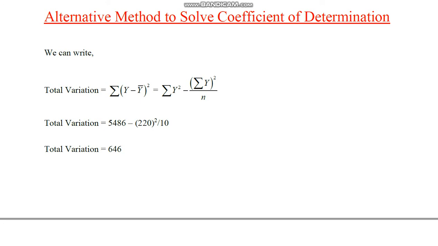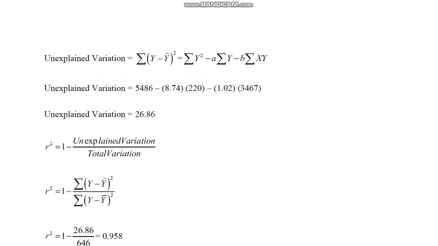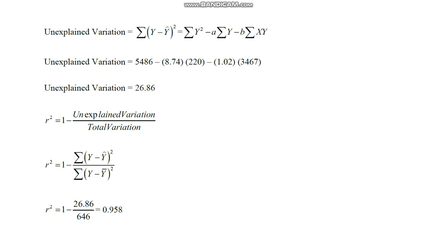We got the total variation, and for unexplained variation, summation (y minus y cap) square is equal to summation y square minus a summation y minus b summation xy. Put these values from the above table and you have the unexplained variation. Put these values in this formula.